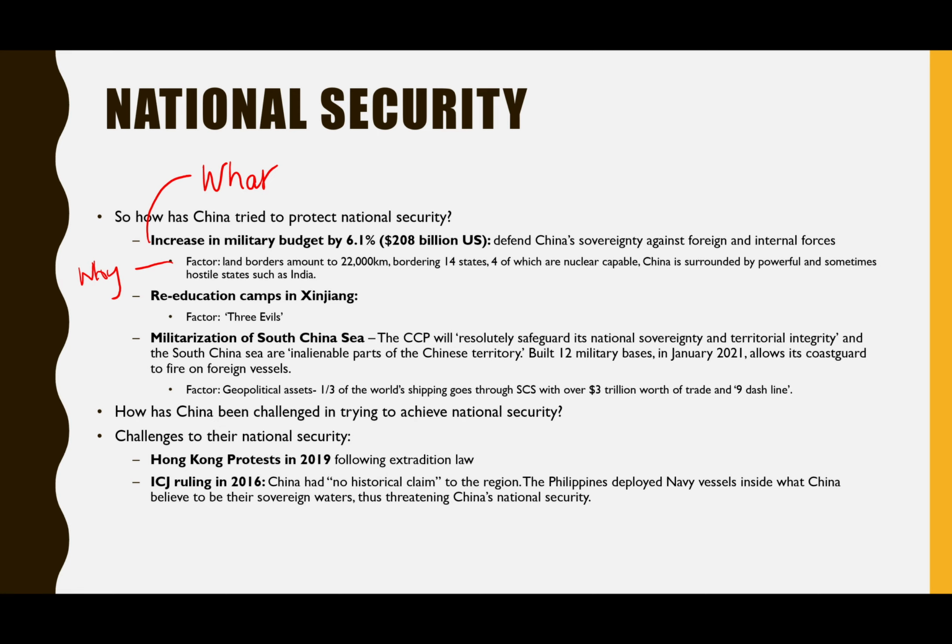In 2014, I think it was the highest year of terrorist attacks. Because of this, they started what they call a war on terrorism, the People's War on Terrorism. China has created these camps to re-educate these Uyghur people and to prevent them from committing these terrorist attacks.